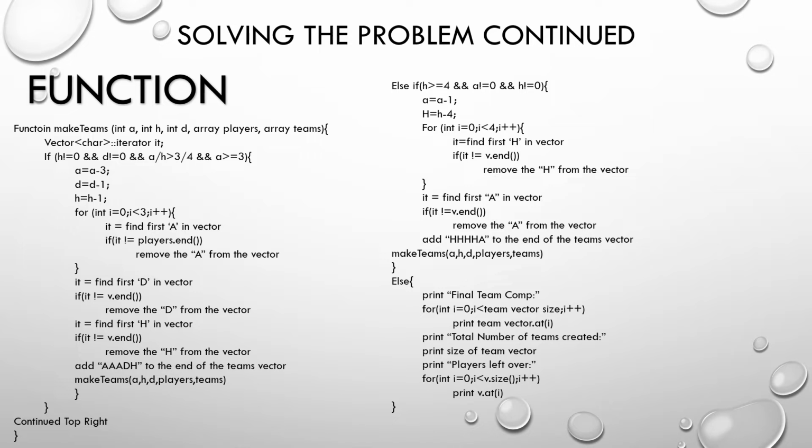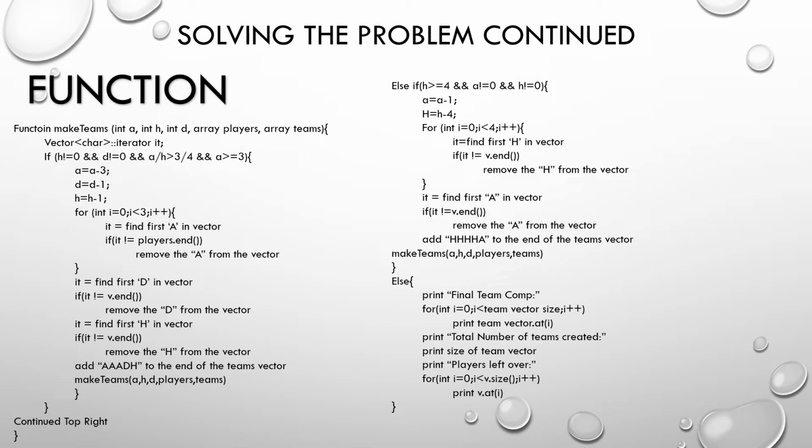So then let's say in this scenario it doesn't meet the first criteria, it would go to the second else if statement, which looks to make sure that H is greater than or equal to 4, since we need to have 4 healers. Attackers can't equal 0 because we need at least 1 attacker, and H can't equal 0 because we obviously need at least 4 healers.